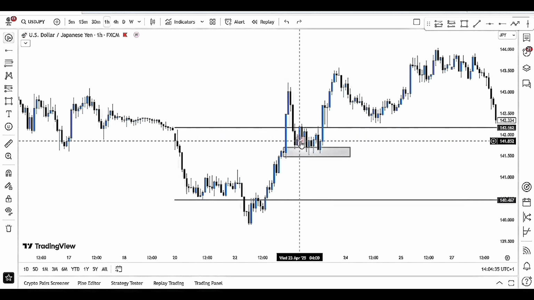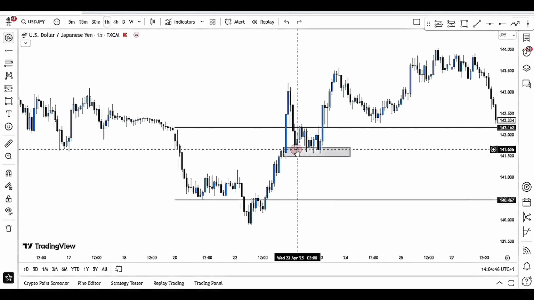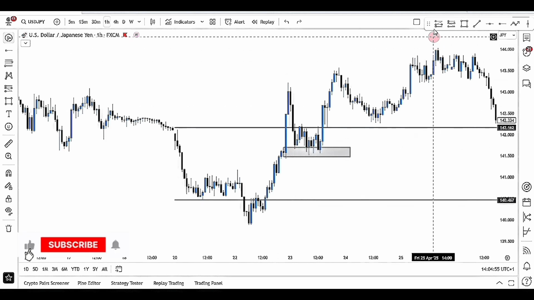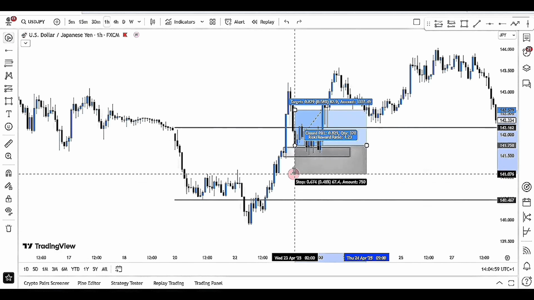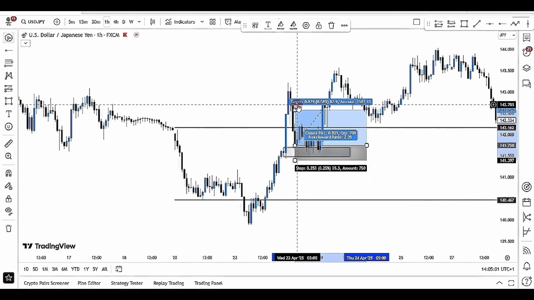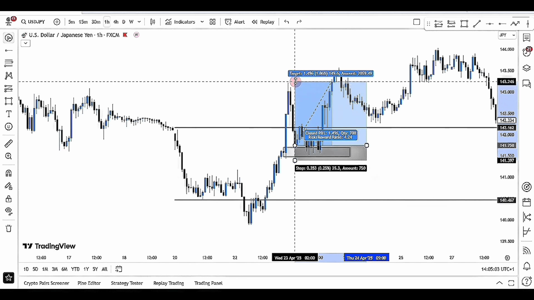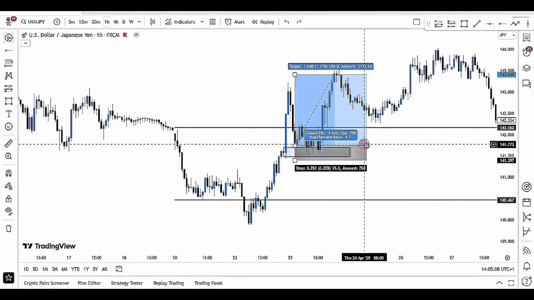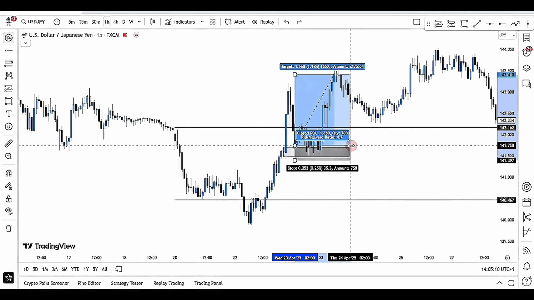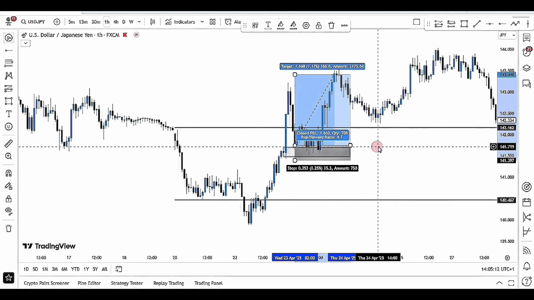It's as simple as it is. This is the first entry model. If I want to buy at this level, I'm going to be interested to buy at this point. My SL should be below the demand and my TP should be above. That's how to leverage well on this entry model.